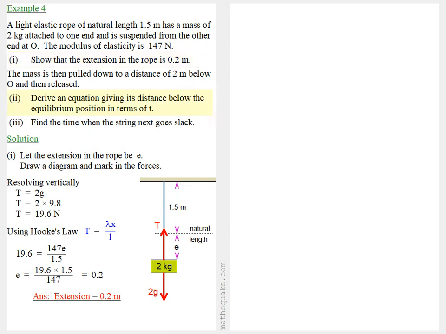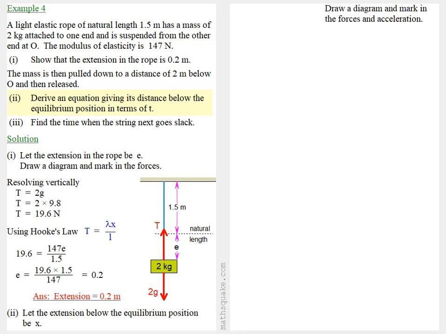In part 2 we're asked, derive an equation giving its distance below the equilibrium position in terms of t. Well, let the extension below the equilibrium position be x. Again, we need to draw a diagram and mark in the forces and the acceleration.